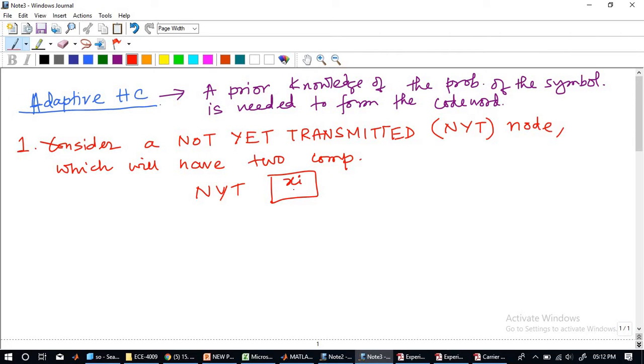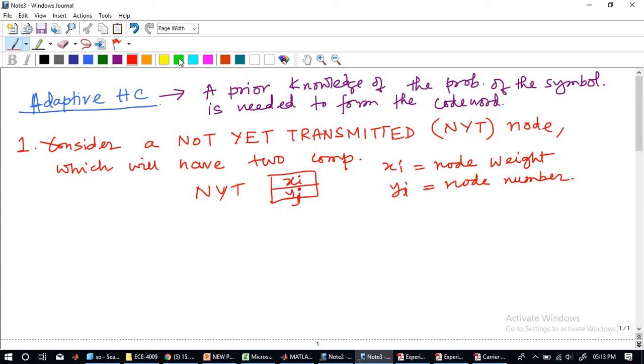One half is X of i, the lower half is Y of i, where Xi is the node weight and Yi is the node number. So the first step is, consider a not yet transmitted node which will have two components, namely the node weight and the node number. What is node weight, what is node number, we'll come to that later.